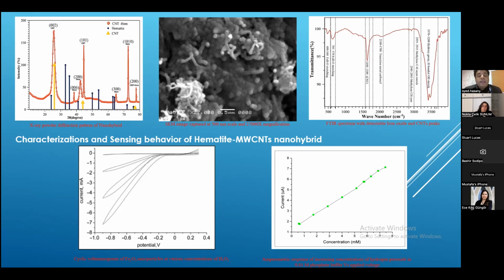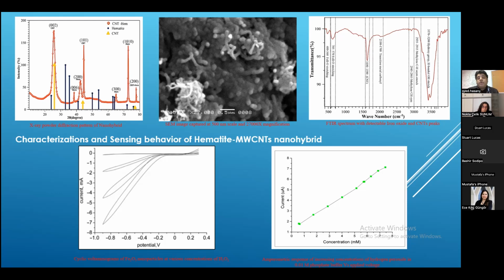We evaluated the application using a cyclic voltammetry technique using a potentiostat, with a standard 3 electrode electrochemical cell, using the nanohybrid electrode as the working electrode, a silver electrode as the reference, and a platinum electrode as the counter electrode.